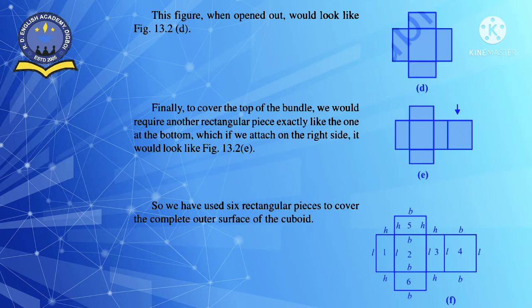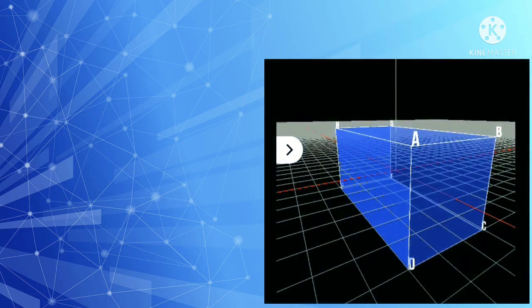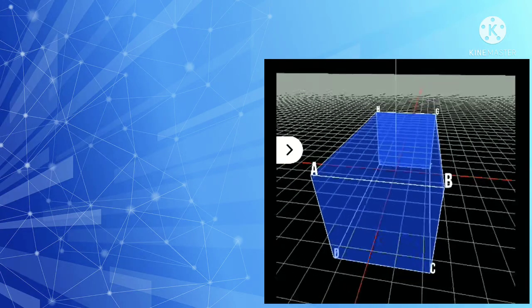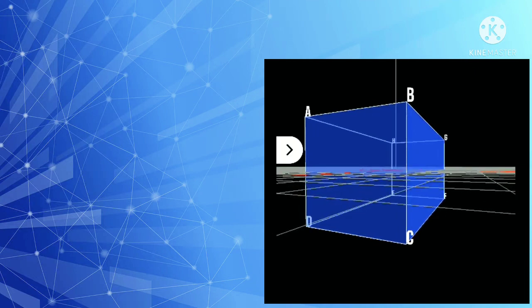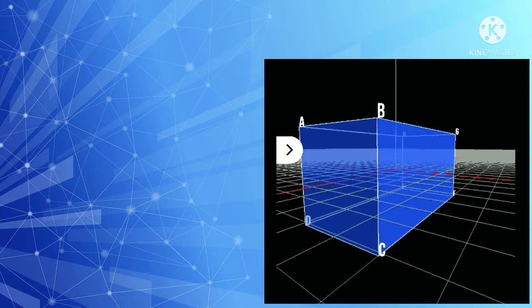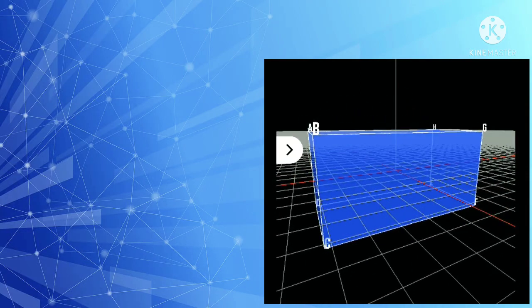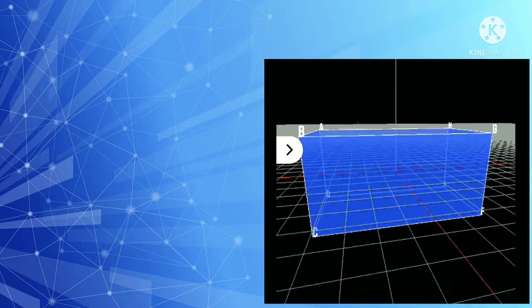Now let's visualize this with the help of a 3-dimensional diagram. As you see here, the 3-dimensional figure of a cuboid is A, B, C, D, E, F, G, H. This is a cuboid. If you see this figure properly, A, B, C, D is one face. B, G, F, C is another face.